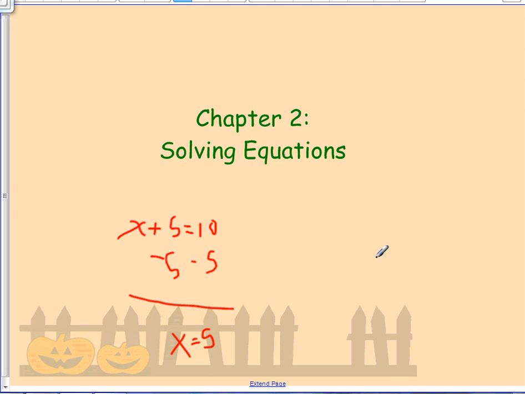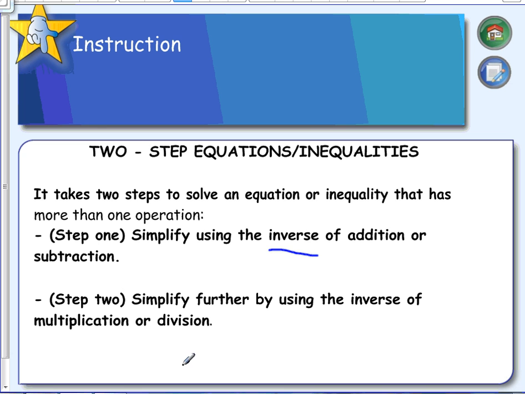Just like in this equation, we did the inverse of adding 5, and we subtracted 5. Then the second step is to do the inverse of either the multiplication or the division. The inverse of multiplication would be division, and the inverse of division would be multiplication.